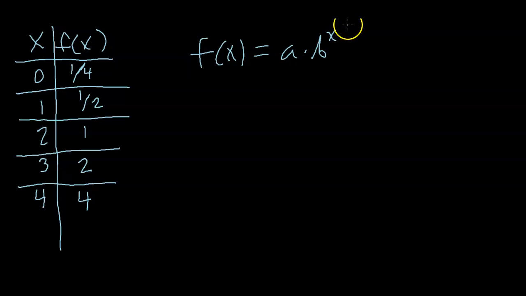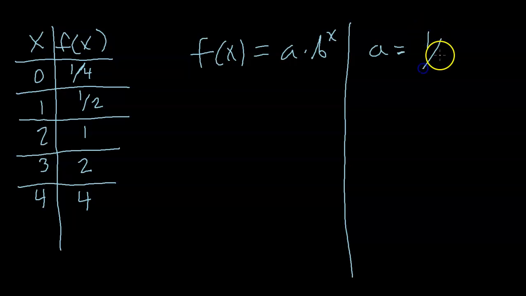So if we look at our table over here, well, figuring out A is the easy part, right? Because the value of A, or the initial value, occurs at the y-intercept, right? That's at the point where x equals 0, right? So in this case, when x equals 0, f of x equals 1/4, right? Okay, so that was the easy part.